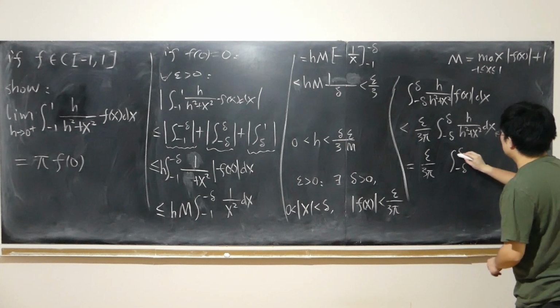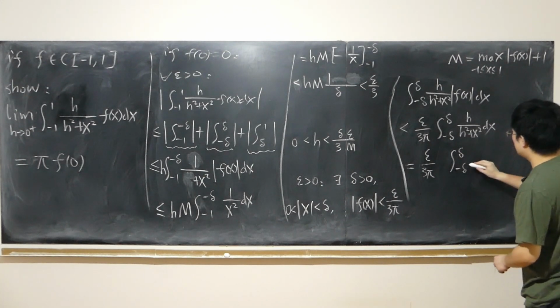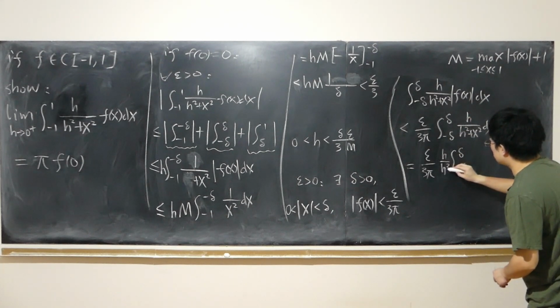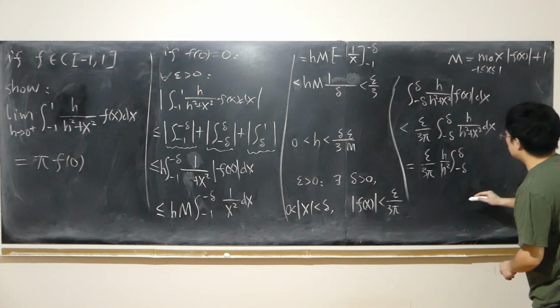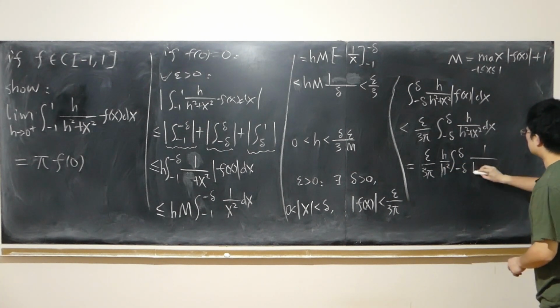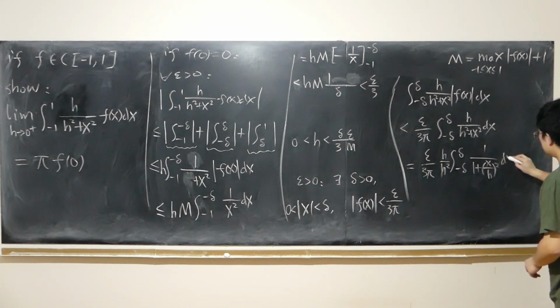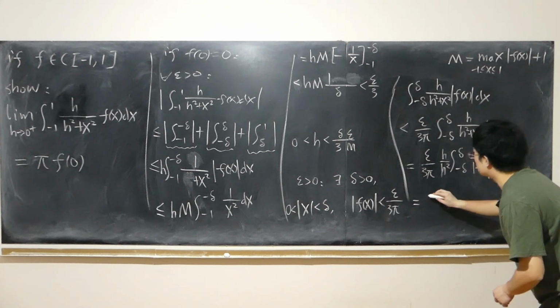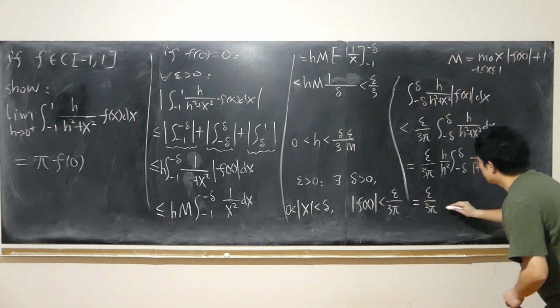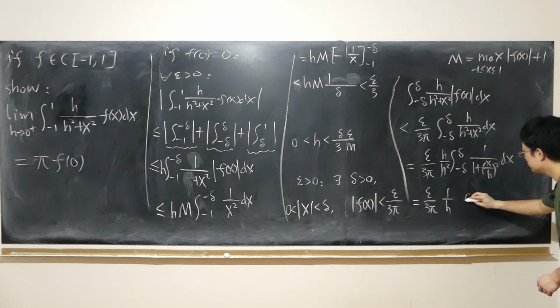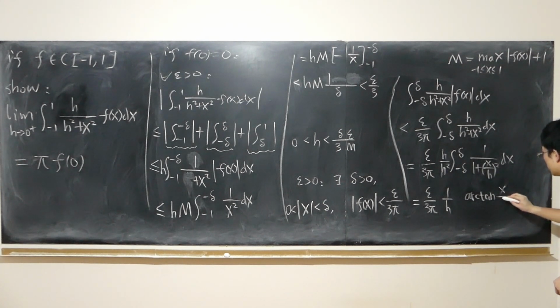Negative delta. Factor out h squared. I also take out this h squared. And 1 over 1 plus (x over h) squared dx. Right? That is equal to epsilon over 3 pi times 1 over h, arctangent of x over h, also using the chain rule, right?